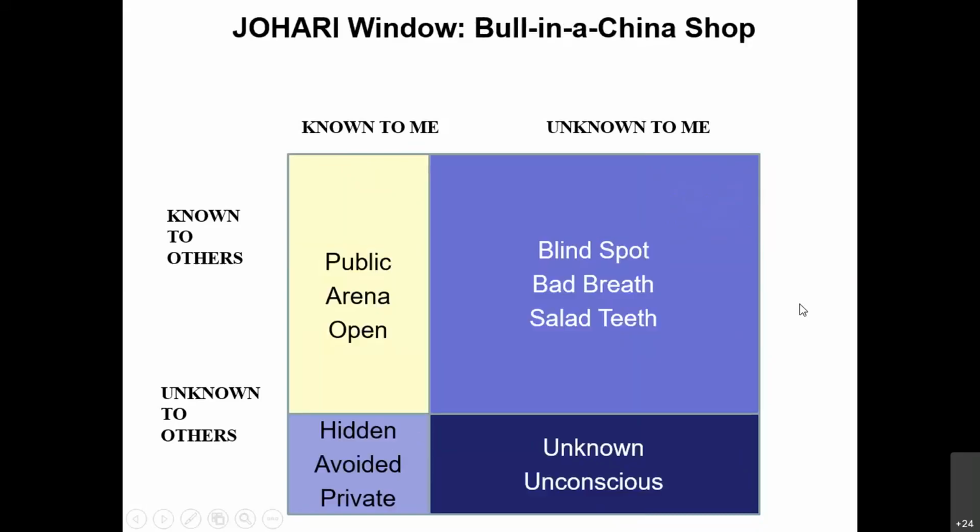Then the next model is called bull in a china shop. You can see that unknown to me, known to others is much larger in size. Some people are always rude in their behavior, always arrogant, and they don't care for anybody else. They really don't know what harm they are going to cause for themselves. They will have those 8 types of arrogances.